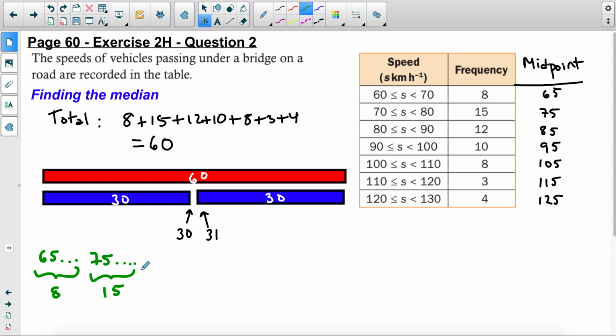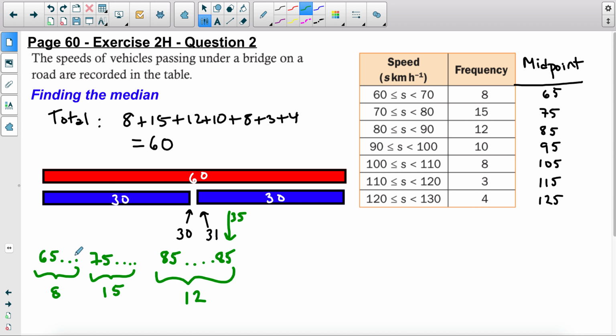I'm still at 23. So I'm going to continue counting. And if you notice, the third group, which is 85, will cross over this middle point. So I have 12 of them. So by the time I've counted all of 85, I've actually reached 35.